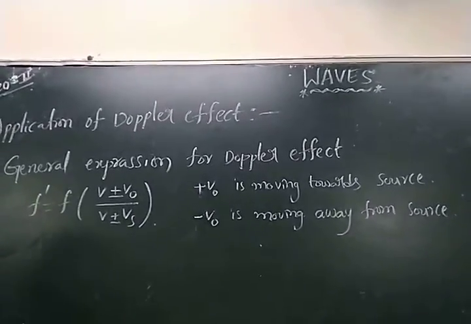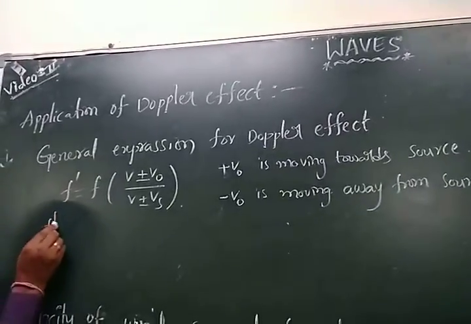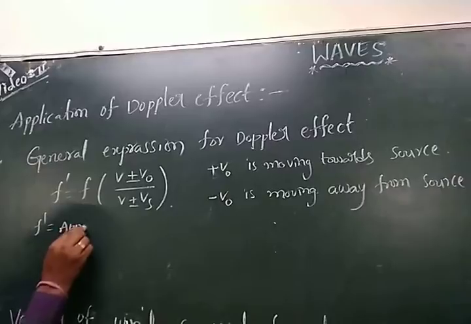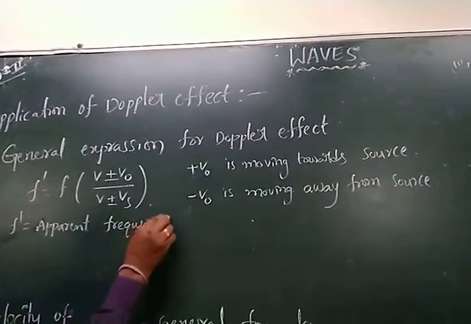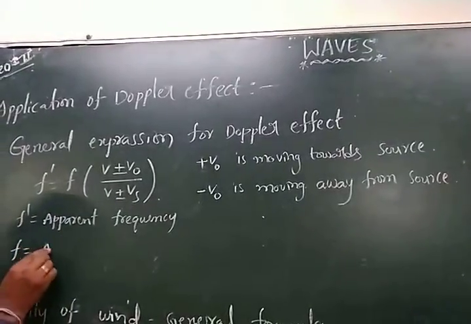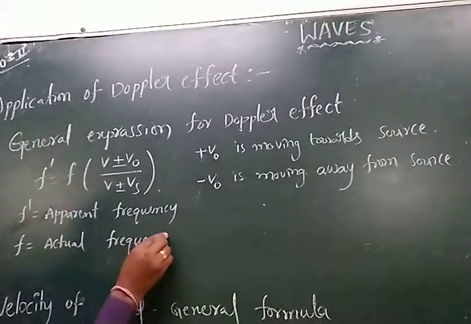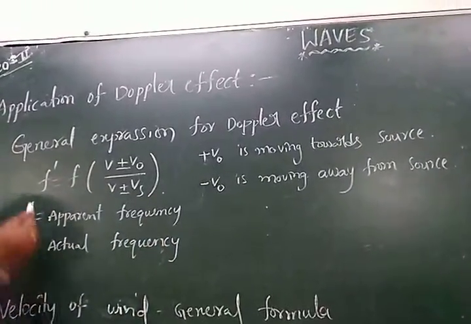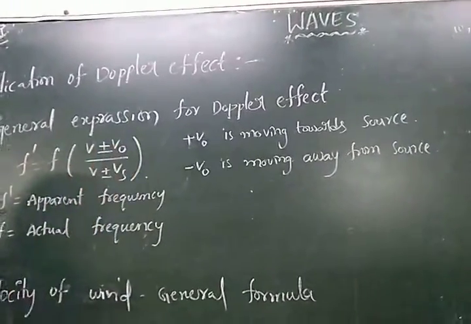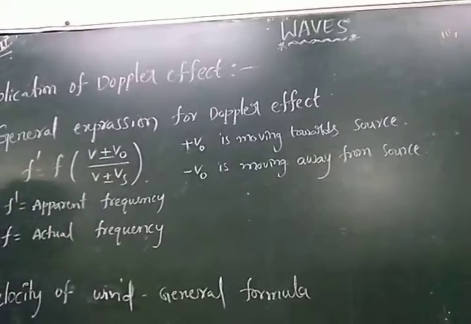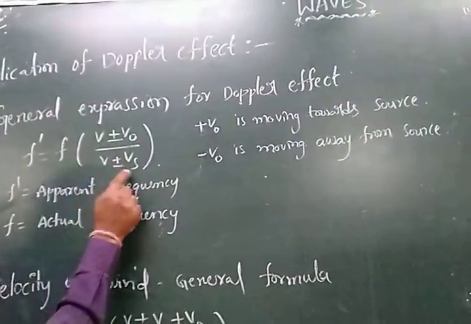Here the general expression we can write: f dash is the apparent frequency, f is the actual frequency. f dash is equal to f into (v plus or minus v naught) by (v plus or minus vs).